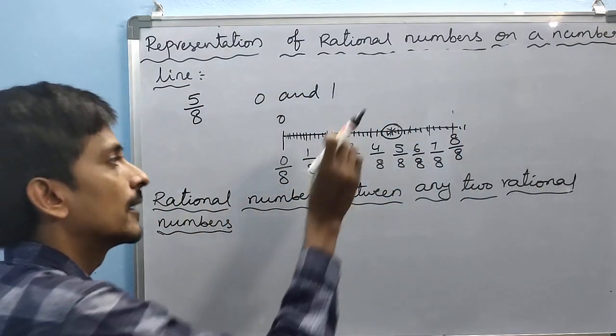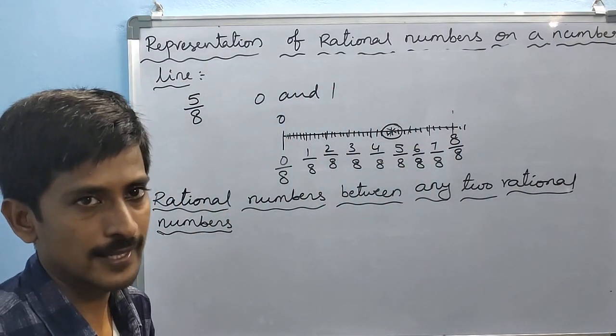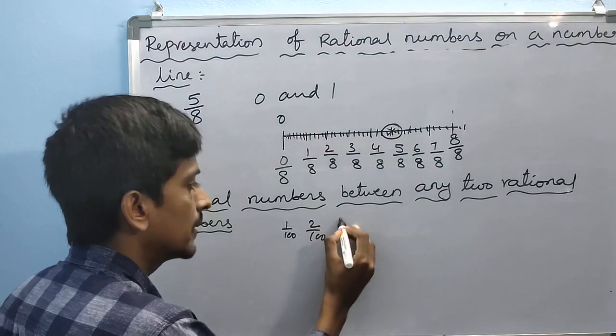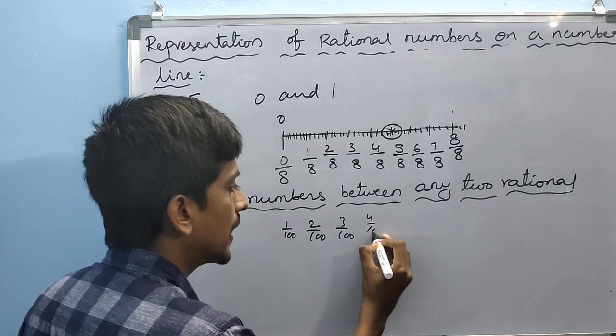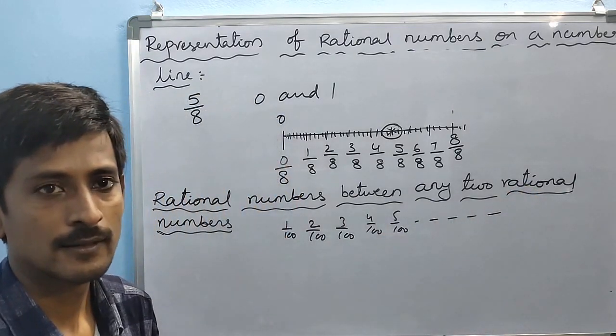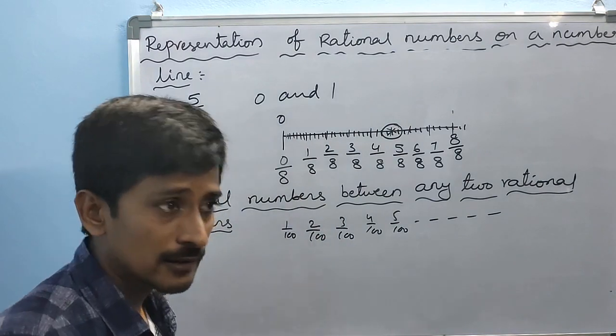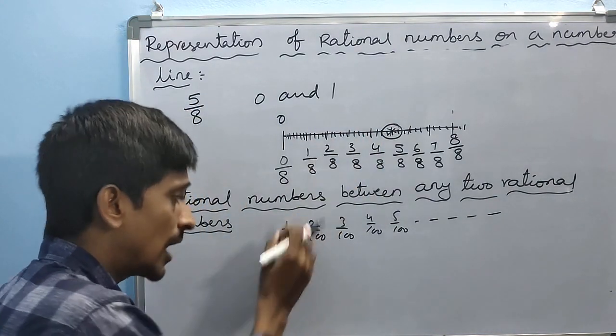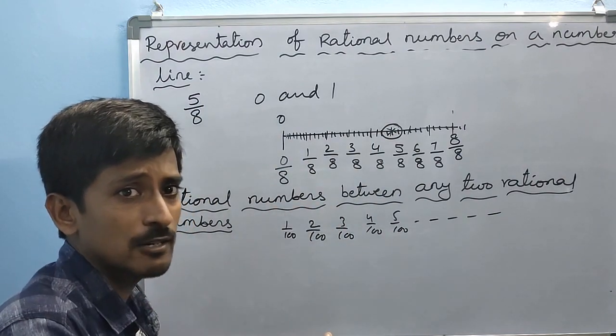For example, this is 100, I think. So, 1 by 100, 2 by 100, 3 by 100, 4 by 100, 5 by 100, and so on. For example, this is 1000. 1000 parts can be equally divided. So, 1 by 1000, 2 by 1000, 3 by 1000.